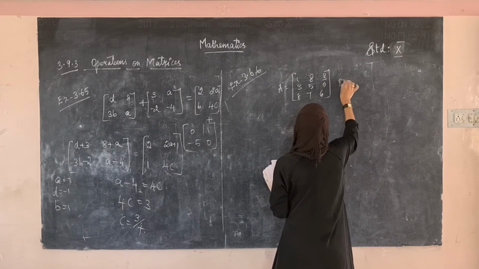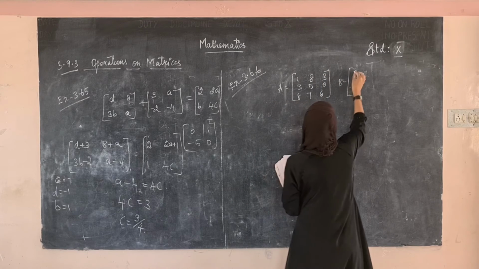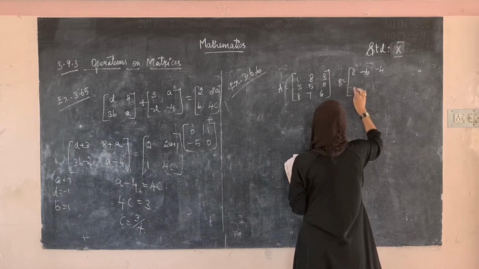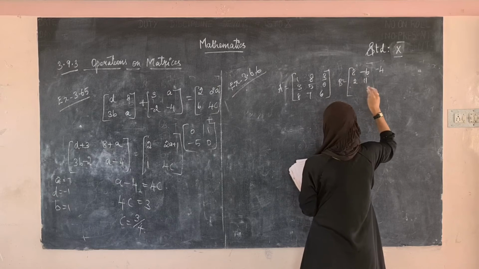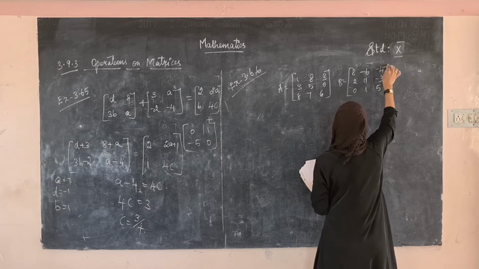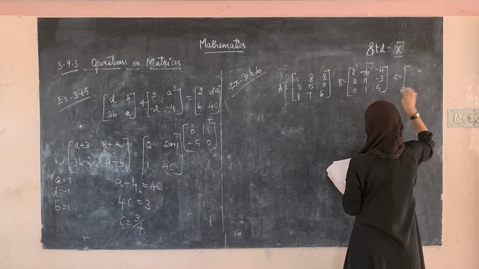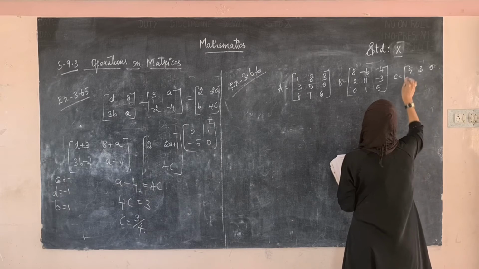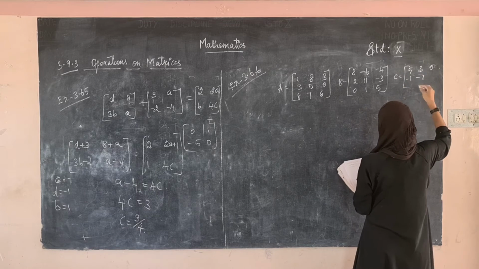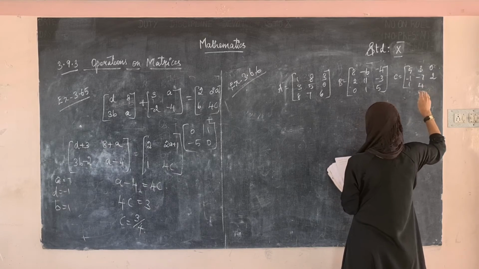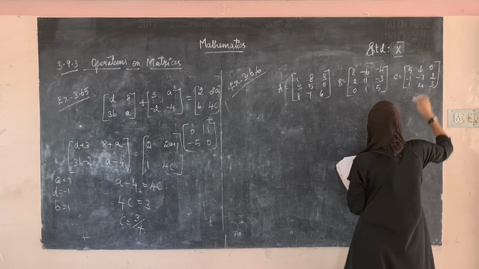And what is B? 8, minus 6, minus 4, 2, 11, minus 3, 0, 1, 5. What is C? C is equal to 5, 3, 0, minus 1, minus 7, 2, 1, 4, 3.